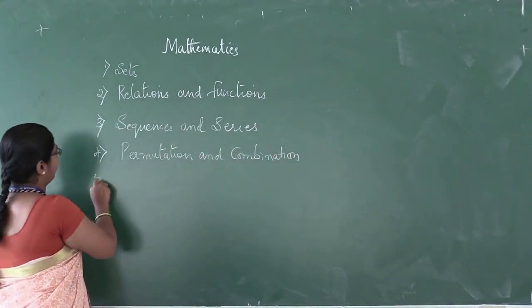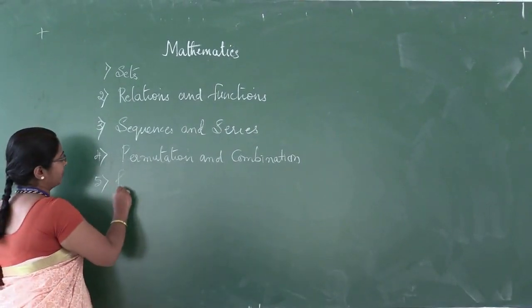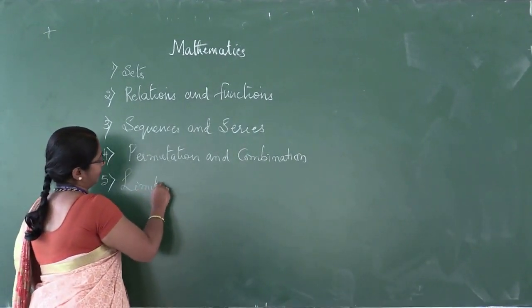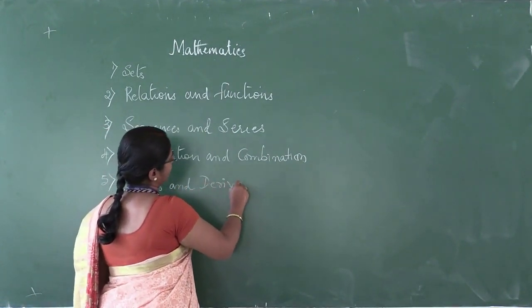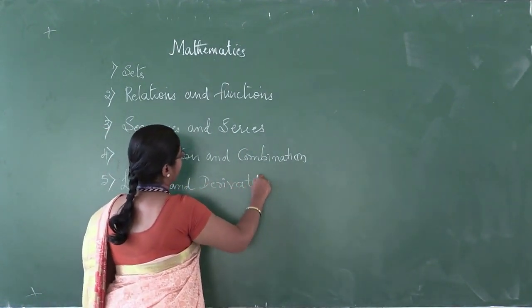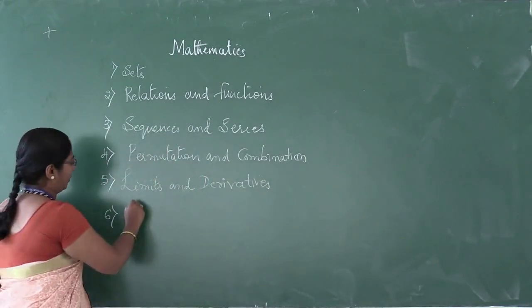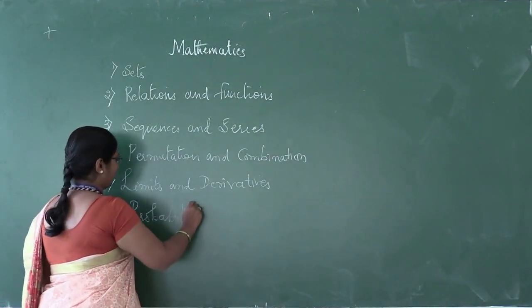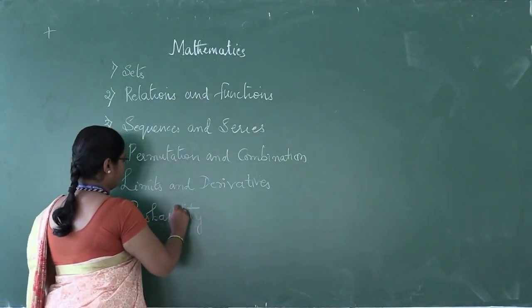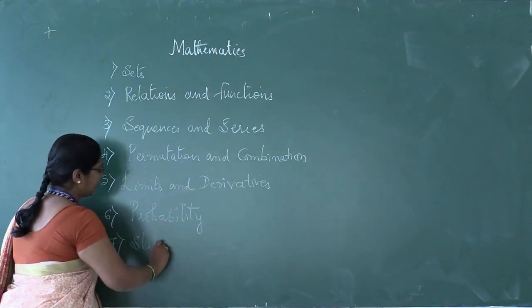And the fifth chapter will be limits and derivatives. Sixth chapter will be probability. Seventh chapter will be statistics.